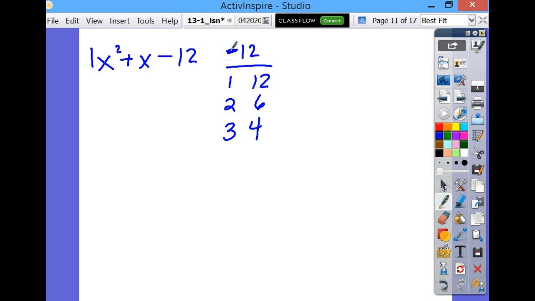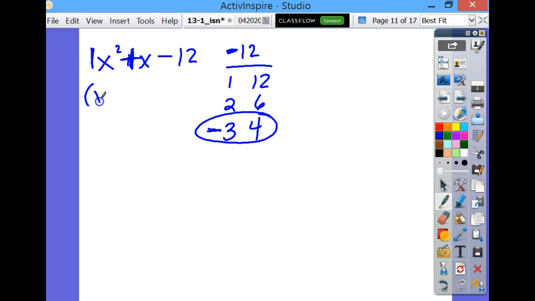If this is negative, my signs on my terms have to be different. Which pair is going to add up to give me a positive 1x? If the signs are in there like that, does that add up to give me a positive 1x?